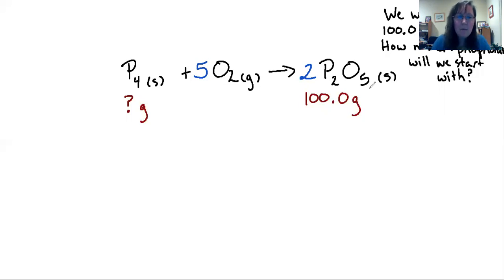So my phosphorus is 123.896 grams per mole.